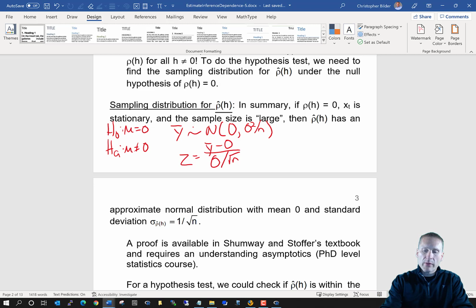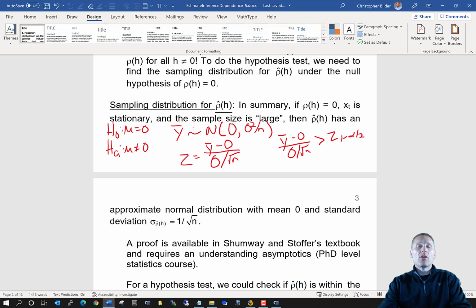So we look: is y bar minus 0 over sigma divided by square root of n greater than the 1 minus alpha divided by 2 quantile from a standard normal?